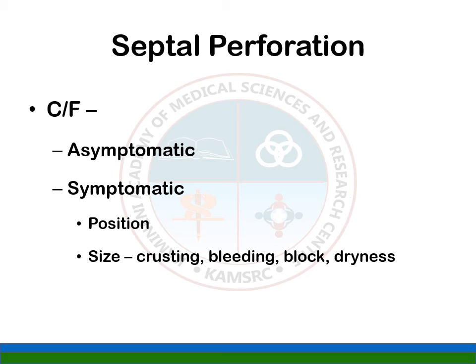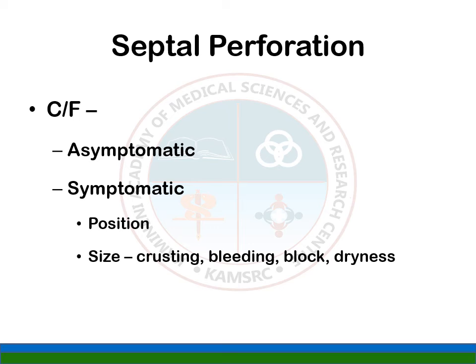But if the perforation is way back, in the posterior half, majority of the times, unless the surgeon puts an endoscope, he will not even realize that there is a perforation. Depending on the size, it is determined as less than 1 centimeter, 1 to 2 centimeters, and more than 2 centimeters.